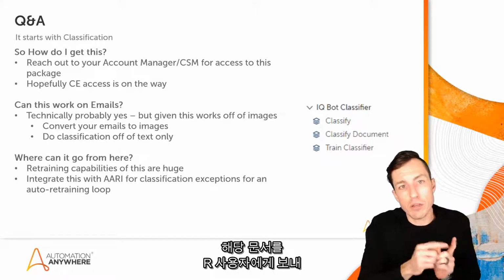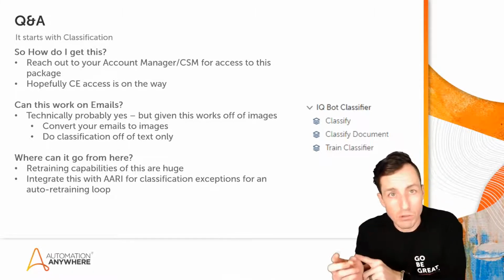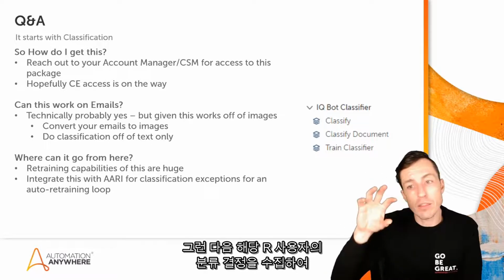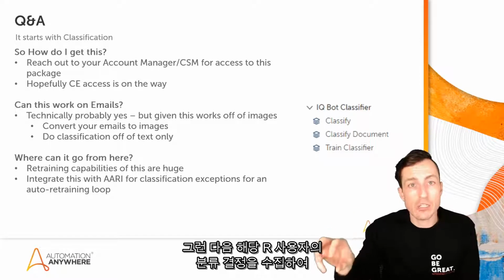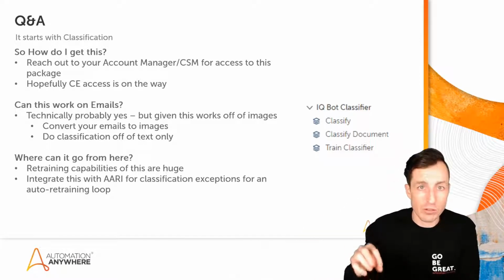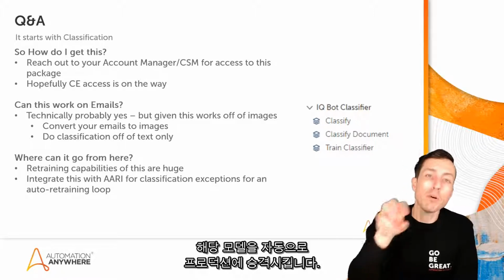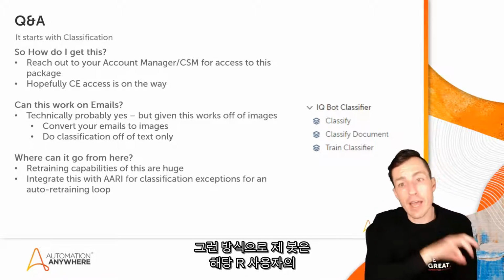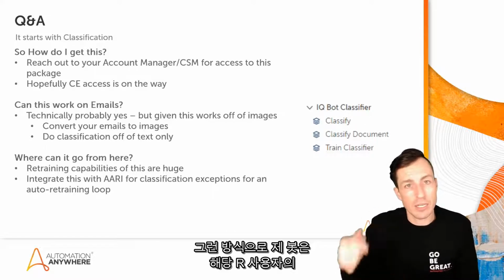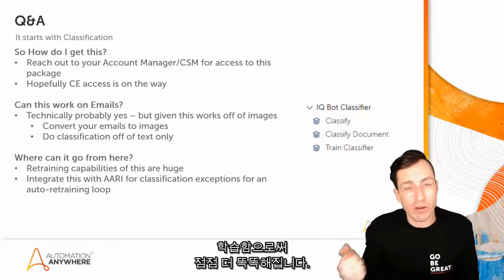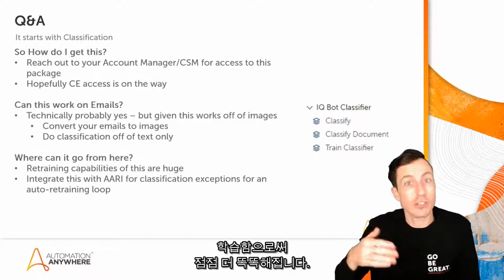If I were to send those documents to an ARI user and ask that ARI user to classify those documents, I could then collect the classification decisions of those ARI users, use that to automatically retrain my model, automatically promote that model to production, and in that way, my bot is continuously getting smarter at the way that it's doing classification, making use of that ARI user's classification assistance, right?